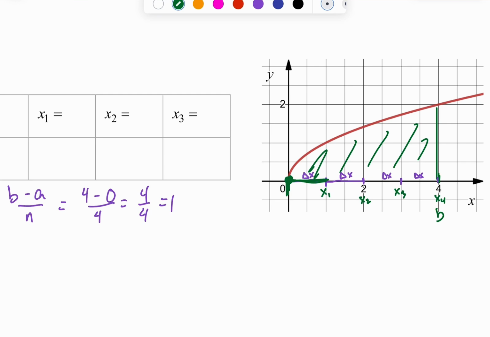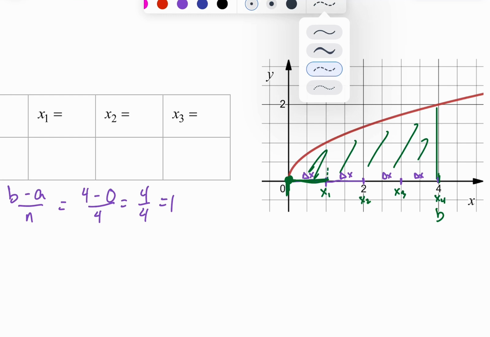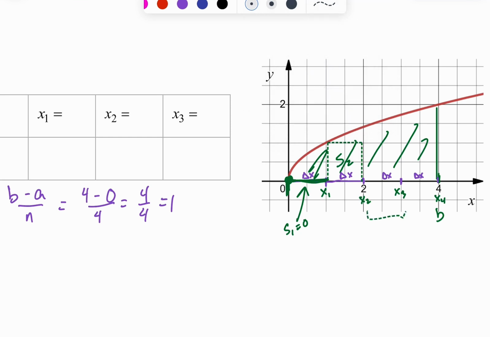My second rectangle, the height on the left-hand side of that rectangle is right here, and it hits the curve right there. So my left rectangle is right here. So that's my second area. My first area is 0. My third area I find by going to the left-hand side of my third interval, which is that interval.